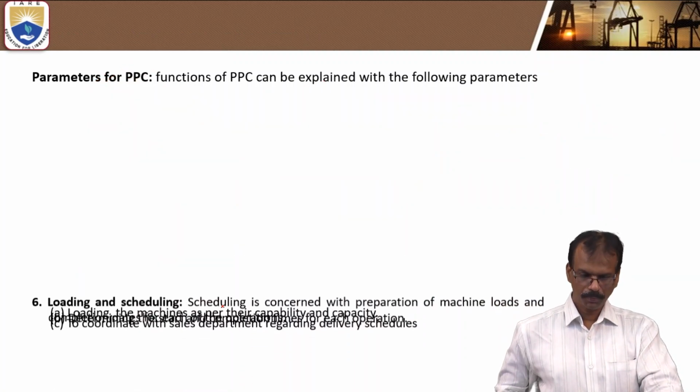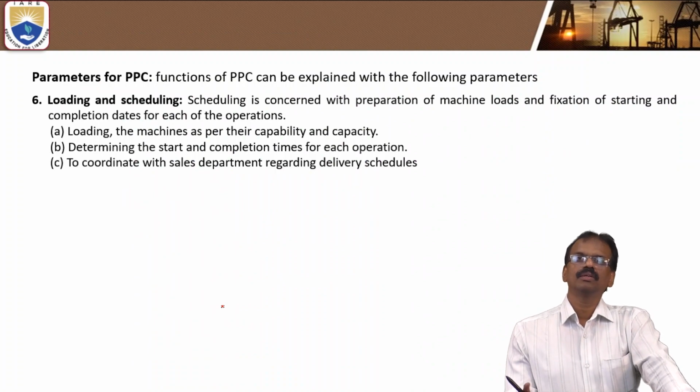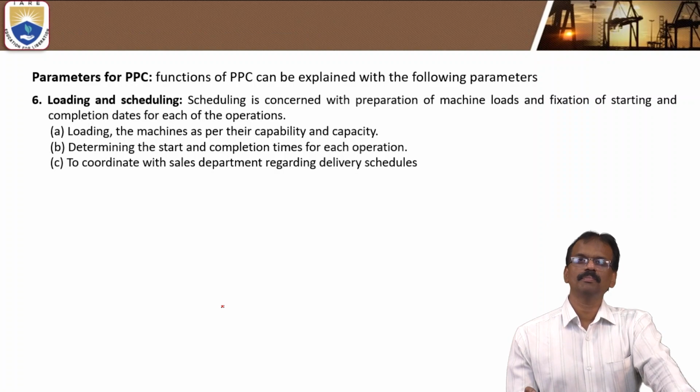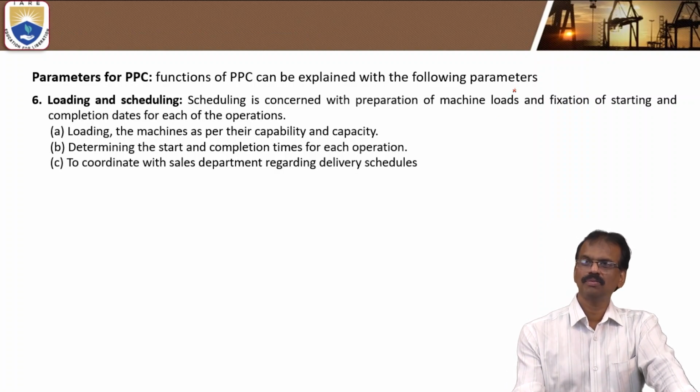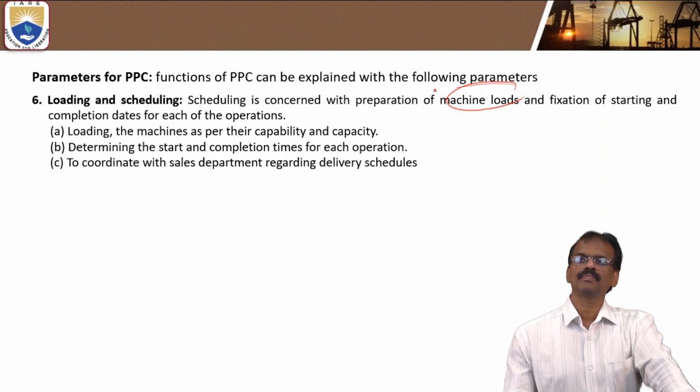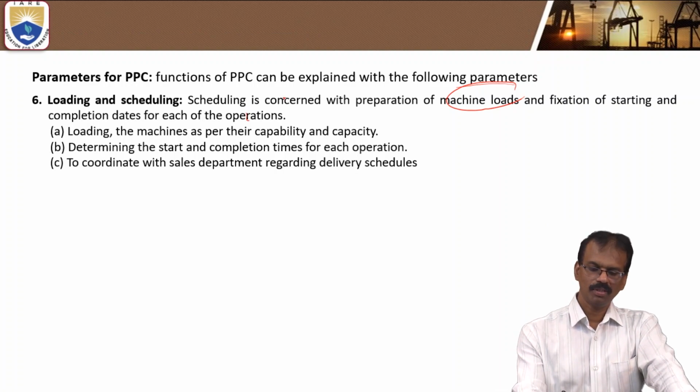So next one is the sixth point, loading and scheduling. So this one is also an important parameter in PPC. So scheduling is concerned with preparation of machine loads and the fixation of the starting and completion dates for each operation, which is very important.